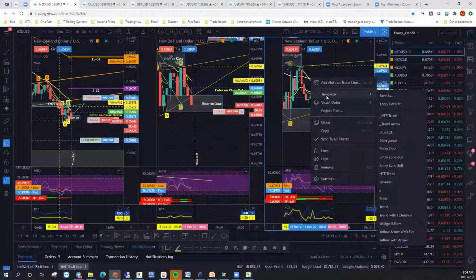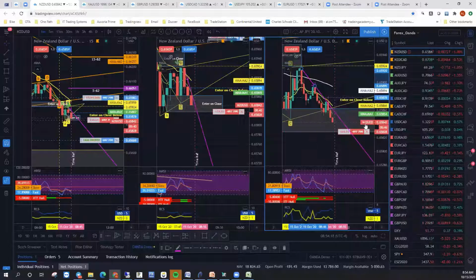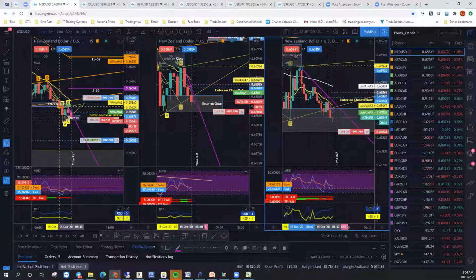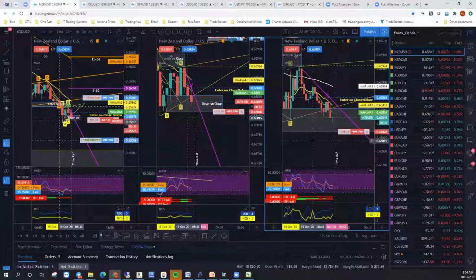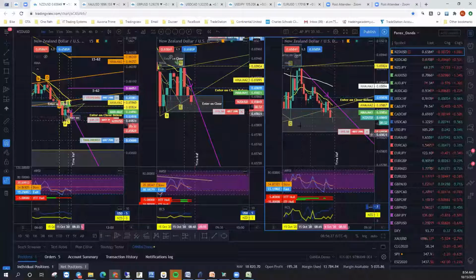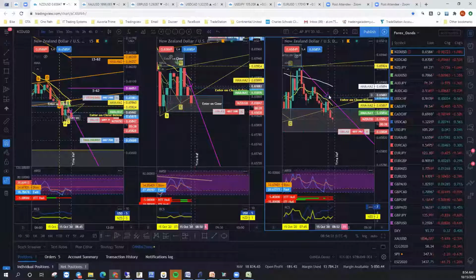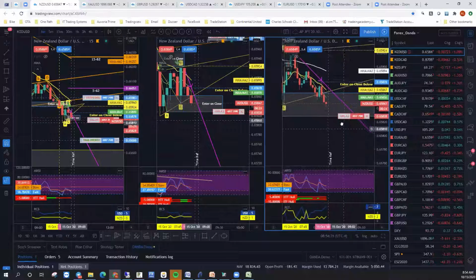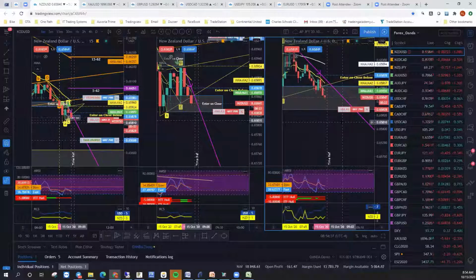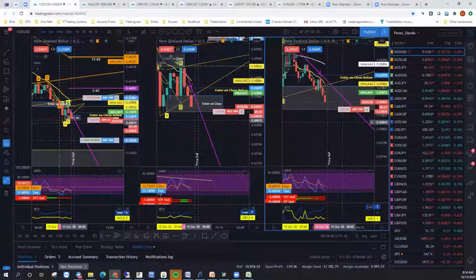This is pretty much how we manage our trades. You can see it's making a high, a low, lower high, lower low, lower high, lower low. And we're coming up on the 9 o'clock hour.